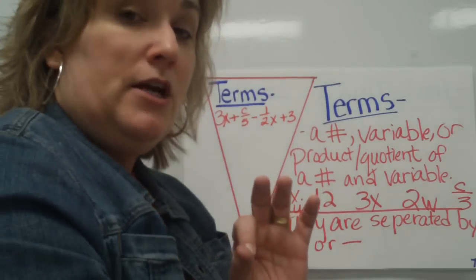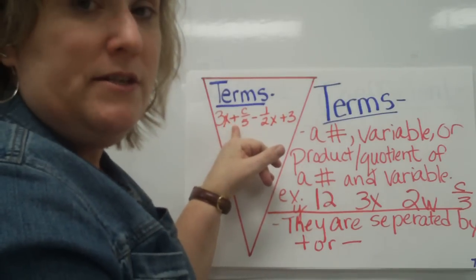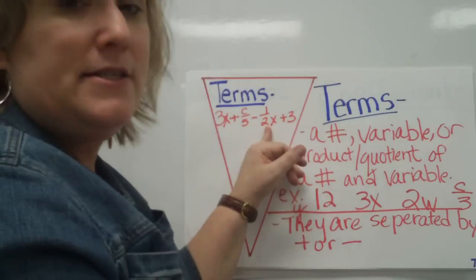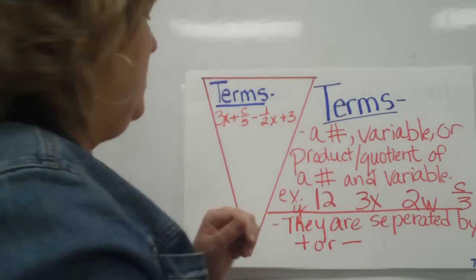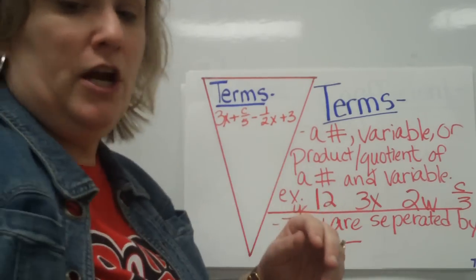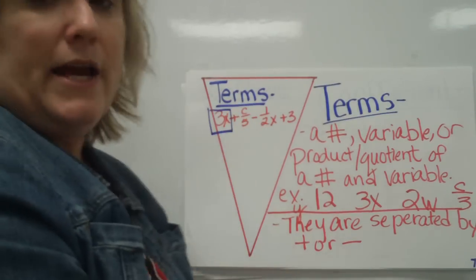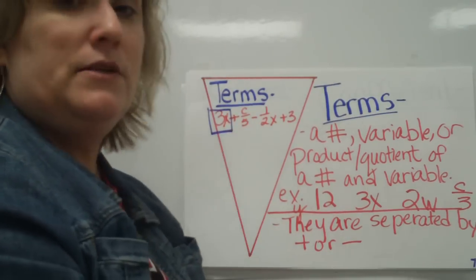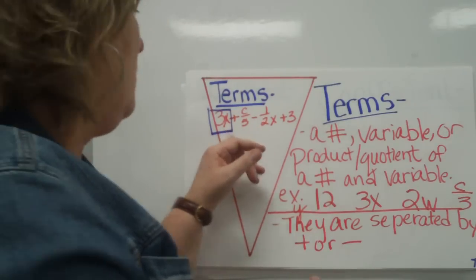So what you have to remember, the biggest thing about a term, is that whatever the operation is in front of it, that creates the value of the coefficient or that term. So for example, let me use my different color here so you can see it better. Here's a term, 3x, and what's the value of the 3x? Is it positive or negative? We know that it's positive because if it were negative, it would say so.